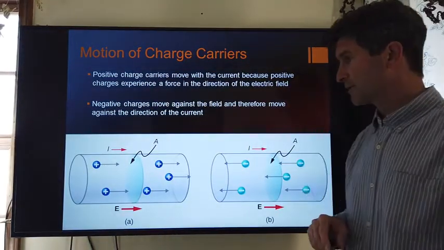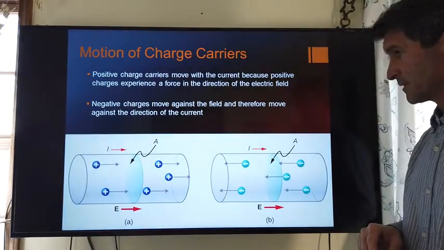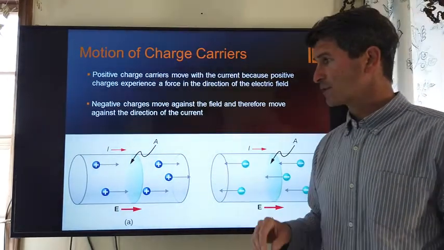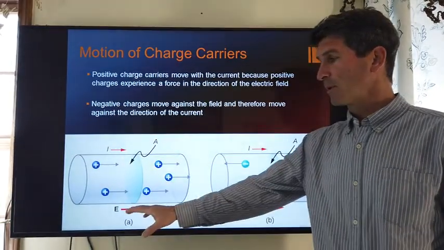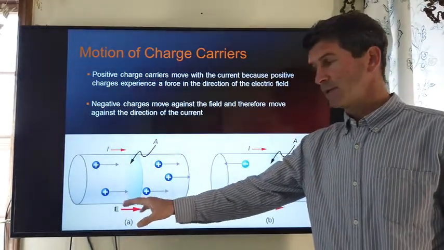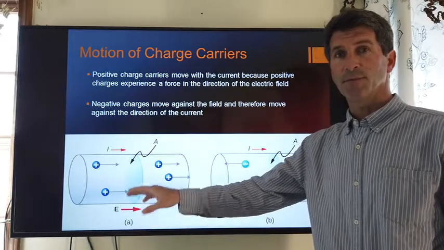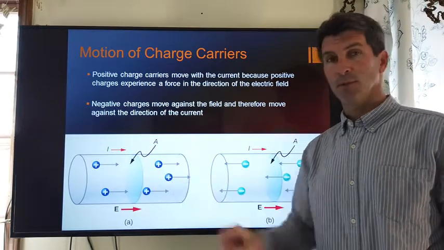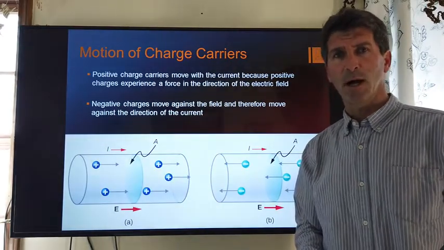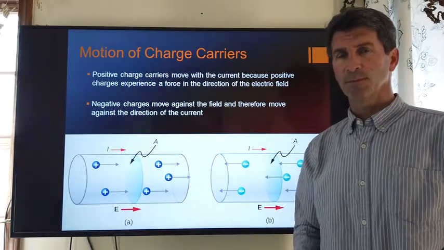Once again, just to emphasize this, if we have positive charge carriers, the current goes with the motion of the positive charges. Remember, when we have an electric field, the electric field represents the force per unit charge that we have. So the electric field always points in the direction of the force on the positive charged particles.